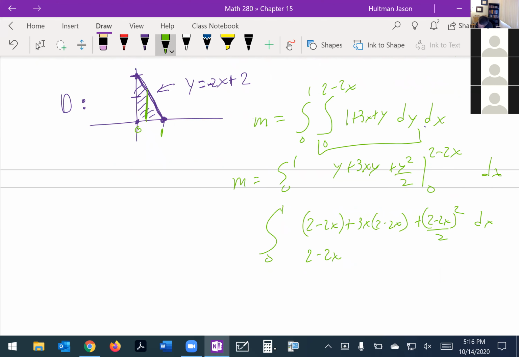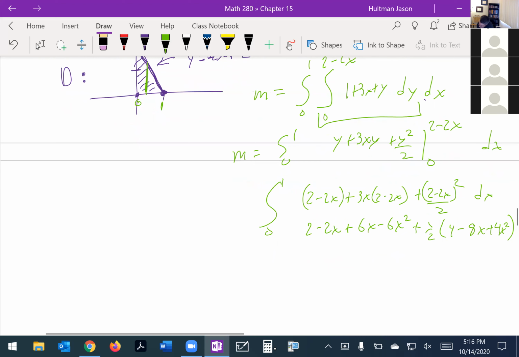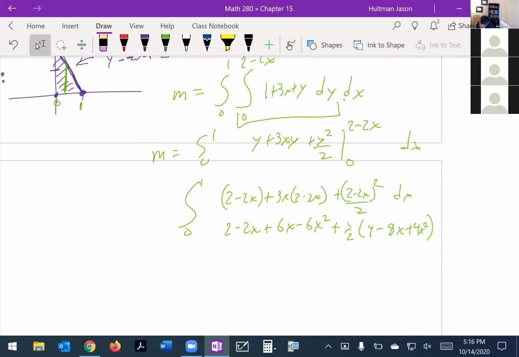Maybe I'll clean this up a little bit. This is 2 minus 2x plus 6x minus 6x squared, plus 1/2 of this, which is going to be 4 minus 8x plus 4x squared.